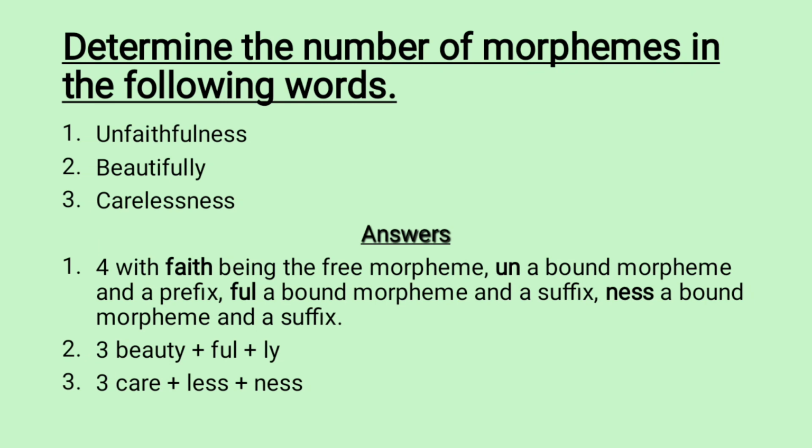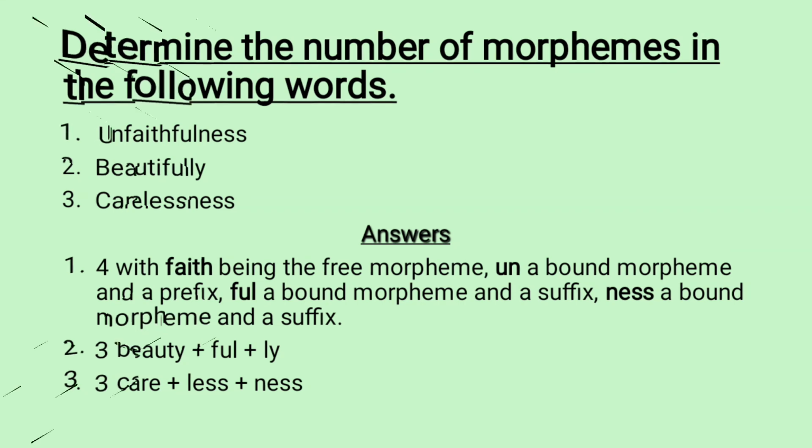This means beautifully contains 3 morphemes, 1 being a free morpheme and 2 bound morphemes. 3. Carelessness. We have care plus less plus ness, with care being the free morpheme, less being a bound morpheme, and ness also a bound morpheme.